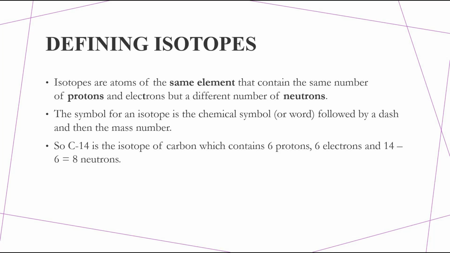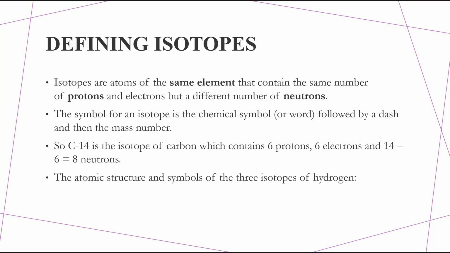It's really simple. Carbon has the atomic number of 6, so it has 6 protons, and the number of protons always equals the number of electrons, that is 6 electrons. And if you subtract the atomic number from the mass number, in this case the mass number of this isotope is 14, so 14 minus 6, mass number minus atomic number, equals 8. That is your number of neutrons.